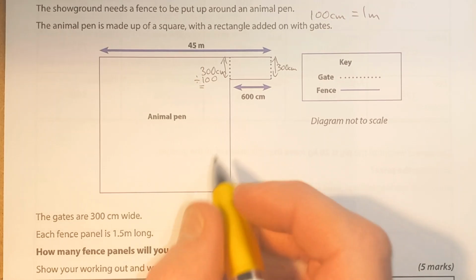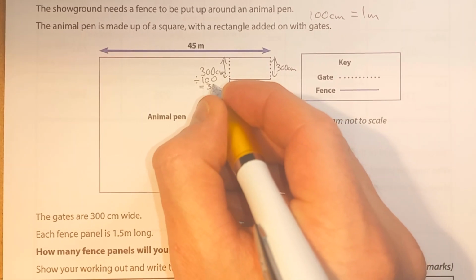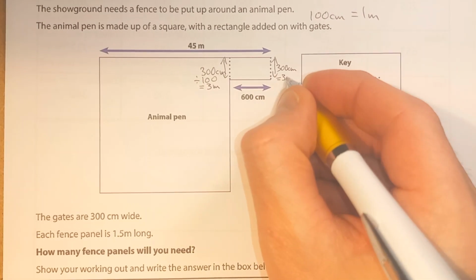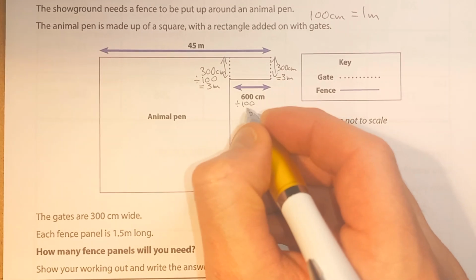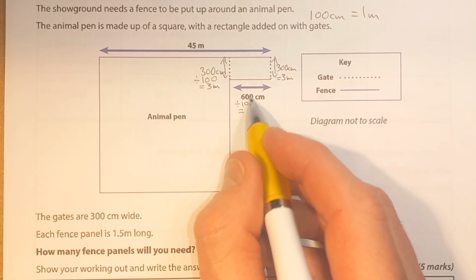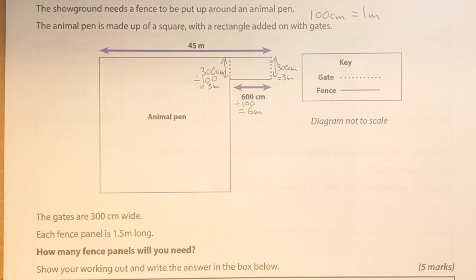Now, you can use your calculator, but 300 divided by 100, hopefully you'll see that's going to give me 3 metres. So that's going to be the same. And this one, 600 divided by 100. Again, if you think we cancel the zeros, we just got 6 divided by 1, which is 6 metres.